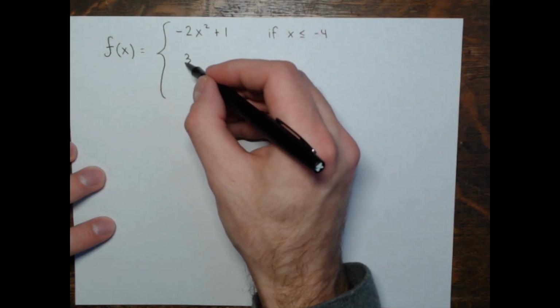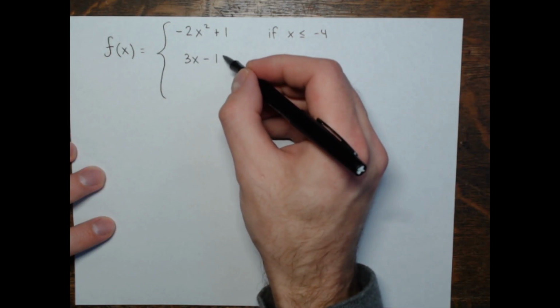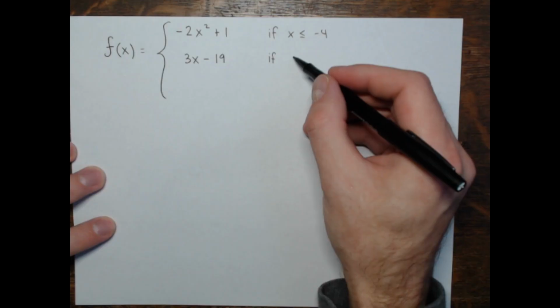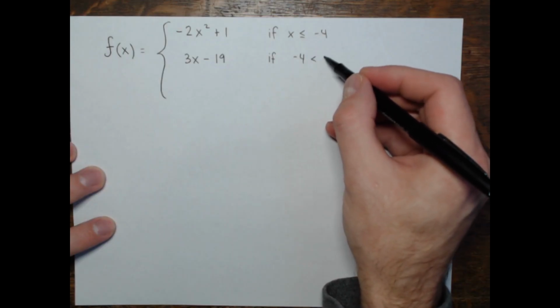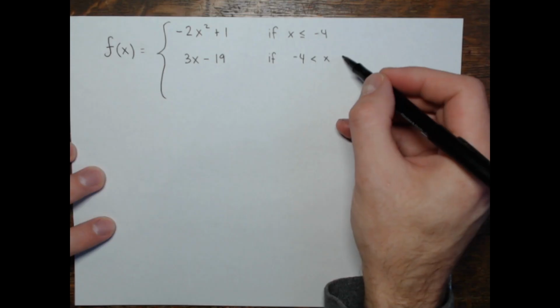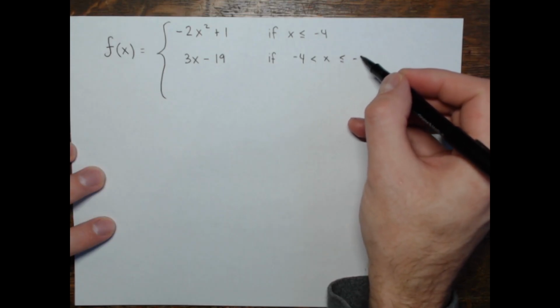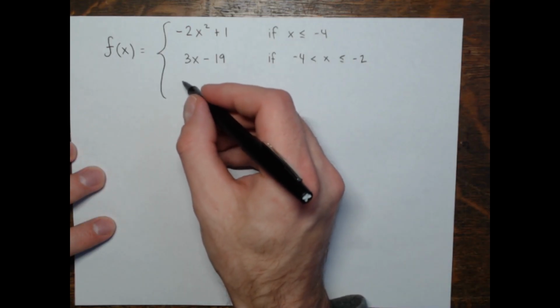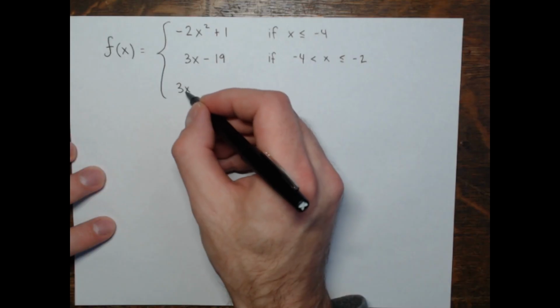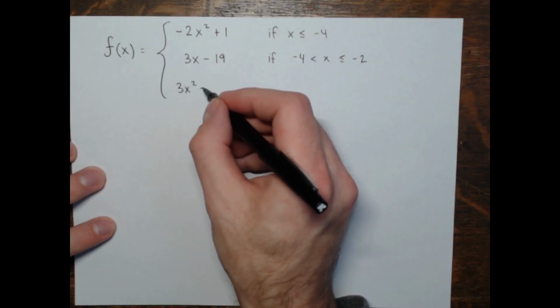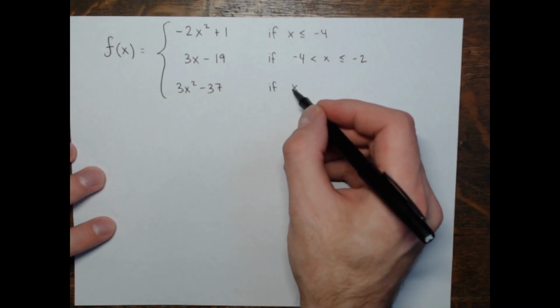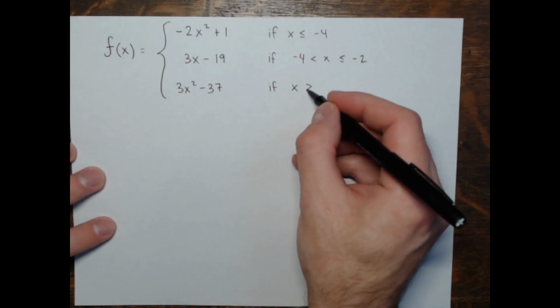And then you got 3x minus 19 in this middle piece, and that's if x is a value greater than -4, but at the same time less than or equal to -2. All right. And then the third piece here, the output is 3x squared minus 37. And this is only if the value of x is greater than -2.